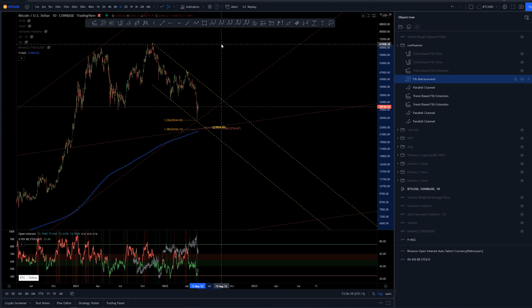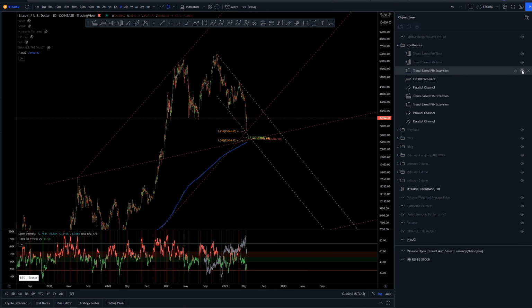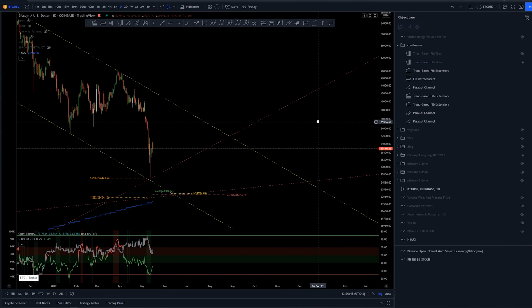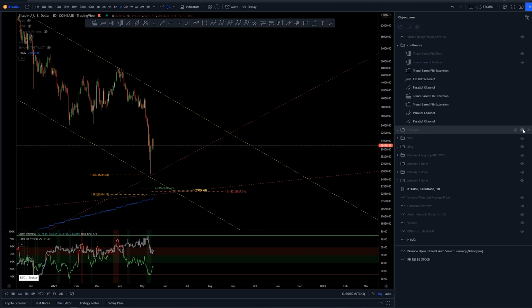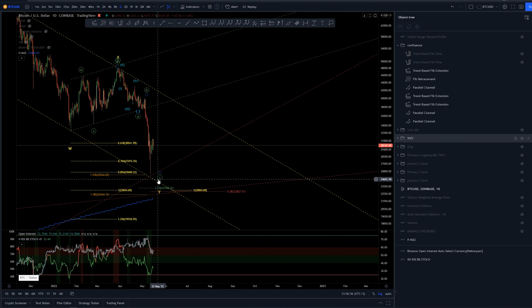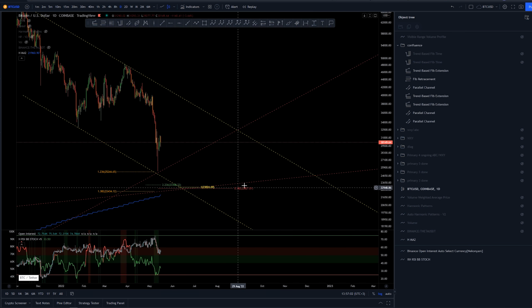We are still around that same area-ish. What else do we have here is a target for the smaller time frame that I showed you, the WXY. Not this one, for this ABC. So the target's around 23.3k for the 2.236. Just adding more confluence here.